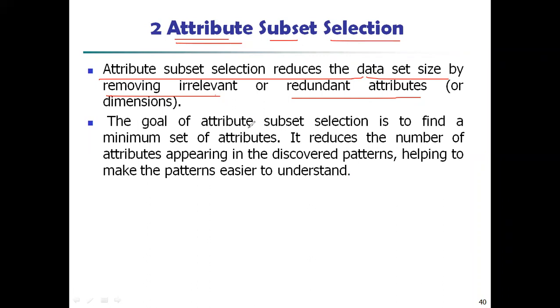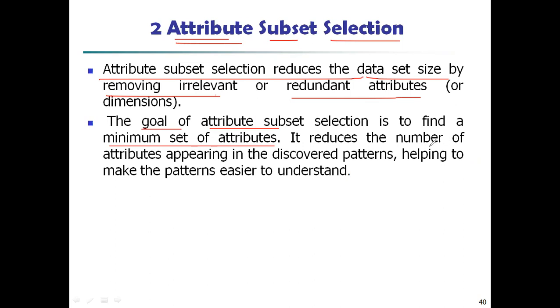That is called attribute subset selection. The goal of attribute subset selection is to find a minimum set of attributes. What is the goal of attribute subset selection? Just to find a minimum set of attributes.